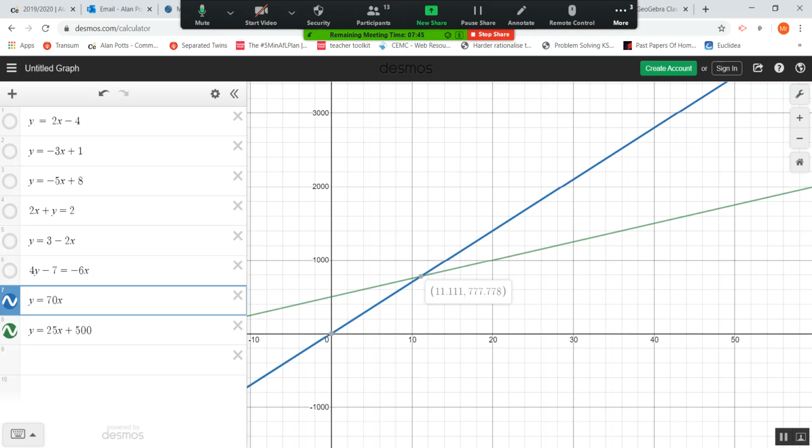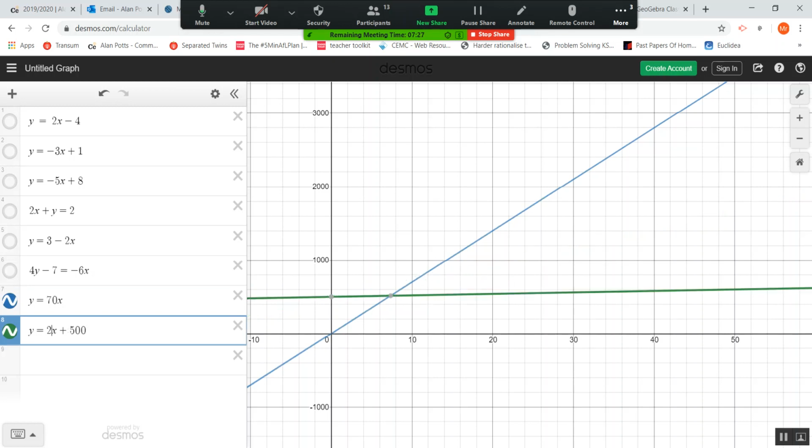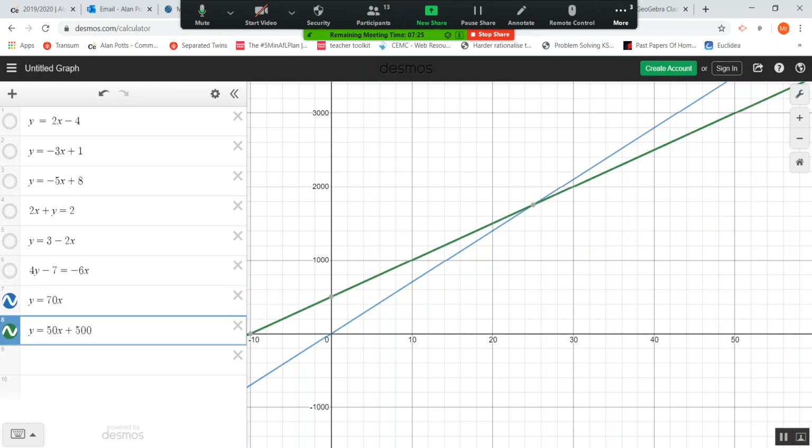So if I sell 11, I'm still a little bit in debt, and I can't sell 11.1 hammocks. I would have to sell 12. And after that point, it goes up. So this is the problem businesses face. If their costs per hammock go up, for instance, let's say it's 50x plus 500, it takes me longer to break even.